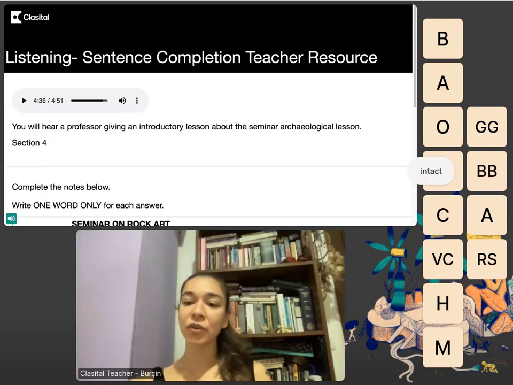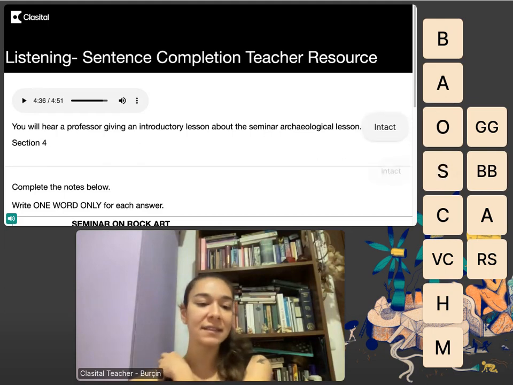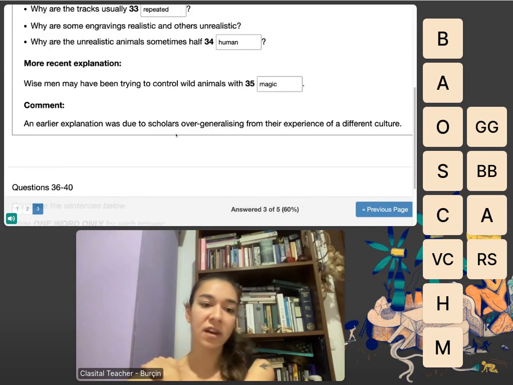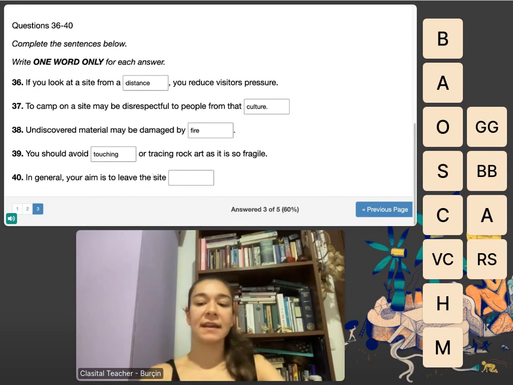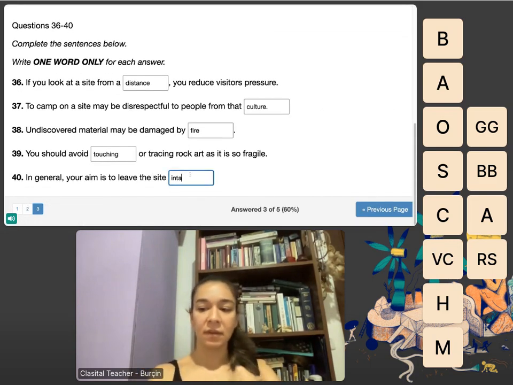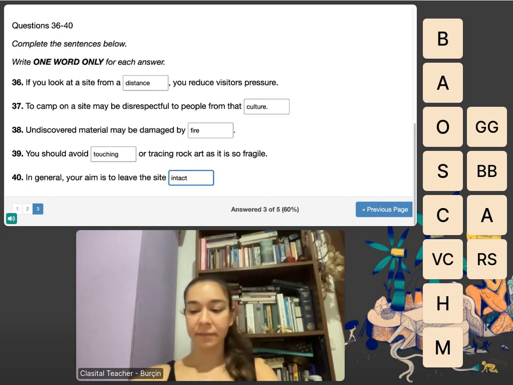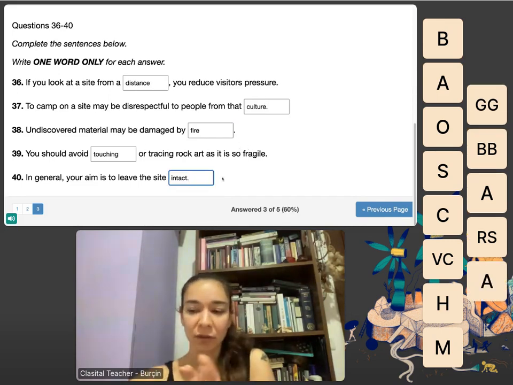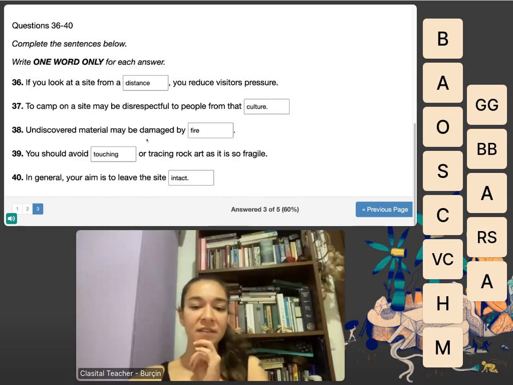Yes, my students, you are great. It says leave the site intact. In general, your aim is to leave the site intact. I am putting a dot, but most probably they will put that because maybe I couldn't put it or so. In the exam, you don't have to put a dot or something.